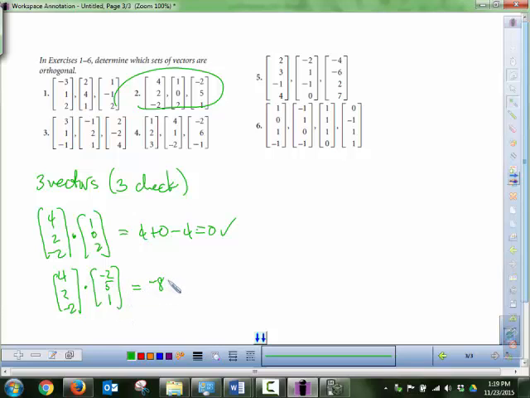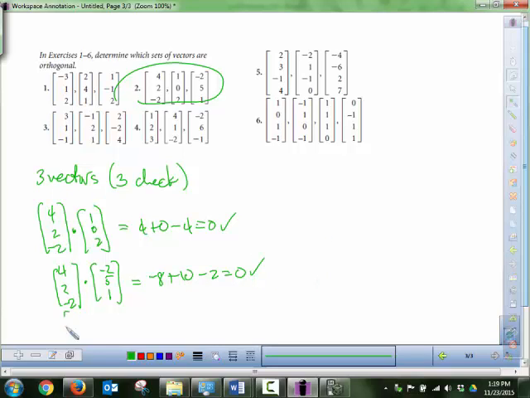That's negative 8 plus 10 minus 2. That turns out to be 0 as well. And then we just do one more. 1, 0, 2 dotted with negative 2, 5, 1. And fortunately, the dot product is commutative, so we don't have to check the opposite. Just do one of these at a time. So this is minus 2 plus 0 plus 2, which is again equal to 0.